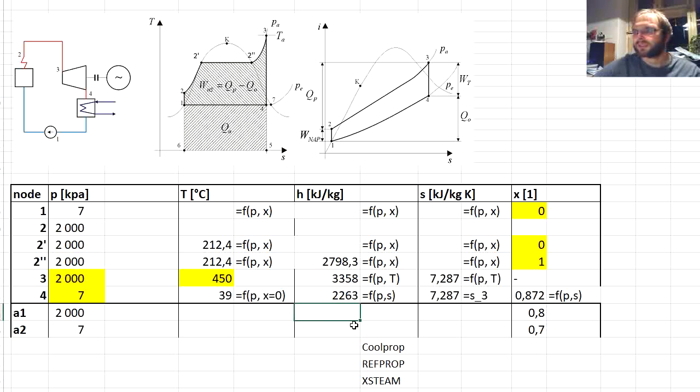The enthalpies we estimated were, for the high pressure side and 80% quality, 2425, and for the 70% at the low pressure, 1850.